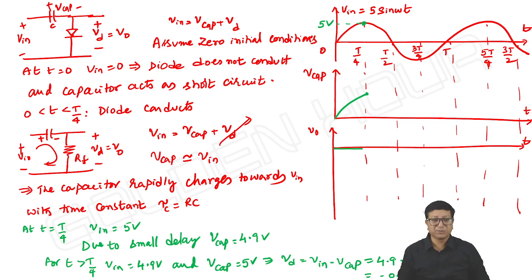It is looking negative. Diode voltage is negative. The diode is experiencing some negative voltage. When the diode experiences negative voltage, immediately the diode becomes off. Okay, so the diode becomes off.